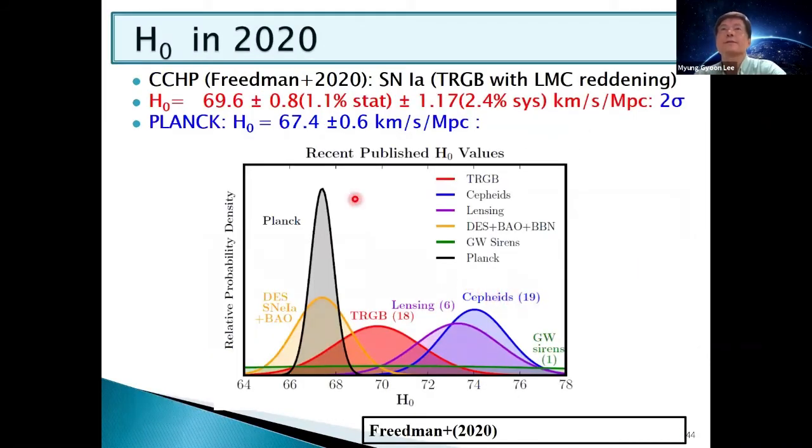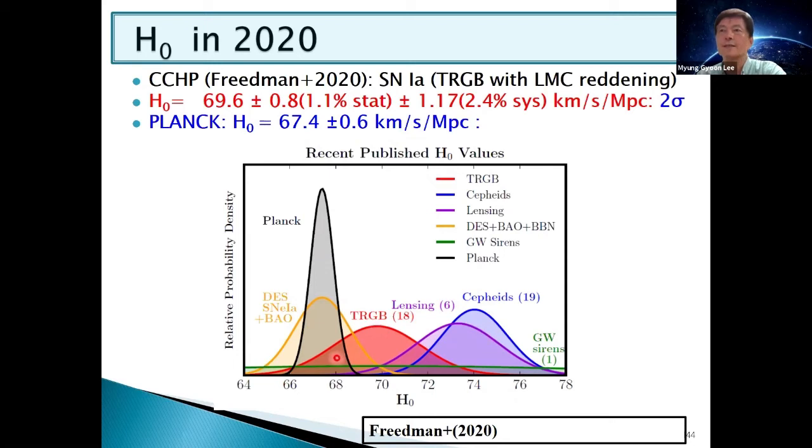So this year, the CCHP team presented another estimate based on an improved value of the LMC extinction. The value is this one, 70 plus or minus 1.3 or so. And the Planck value is this one. So this is the Planck value and SH0ES-calibrated supernova 1A, and the red one is TRGB-calibrated supernova 1A.